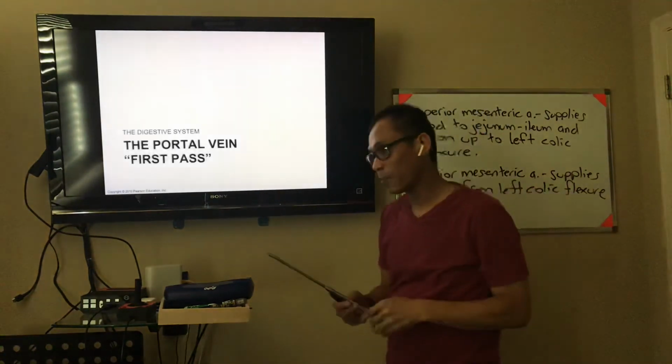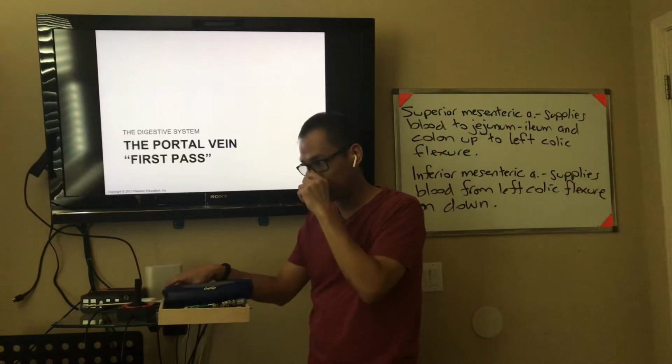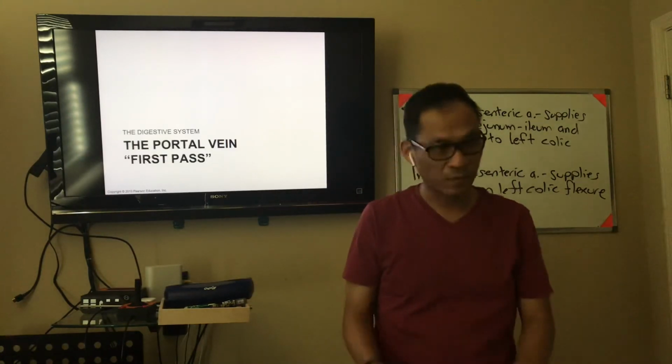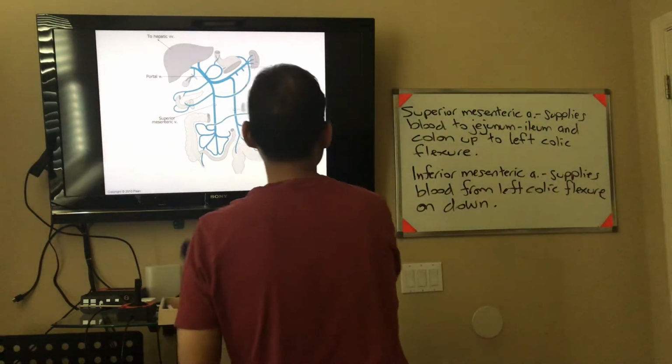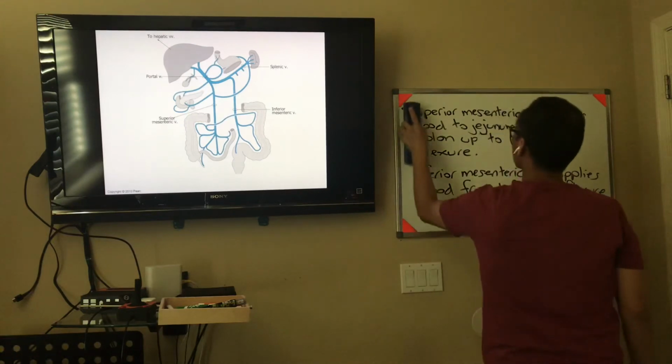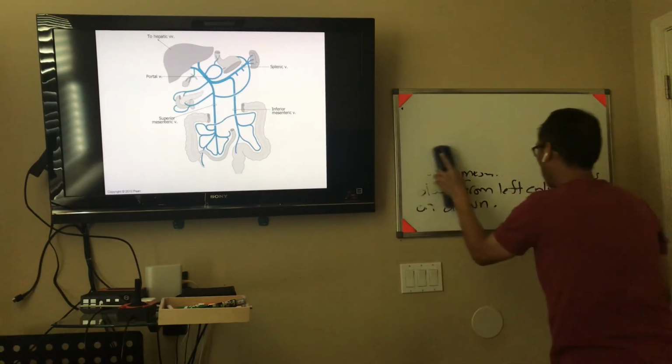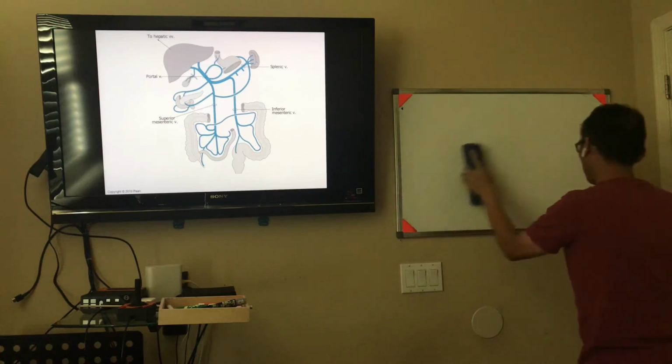And also, let's talk about portal vein first pass again. Talked about it before. It has to do with the liver circulation. Remember, there's no inferior vena cava, heart in this picture.